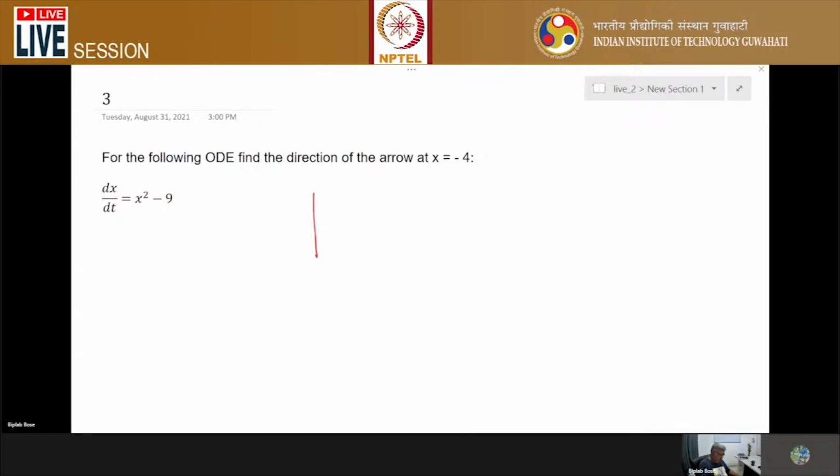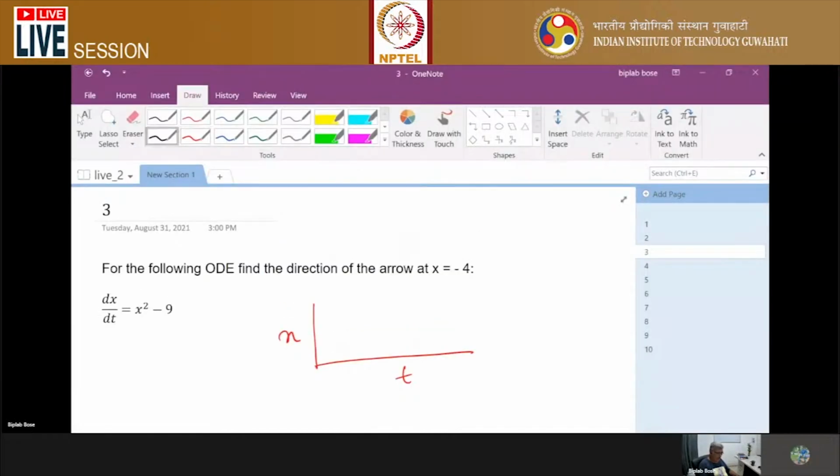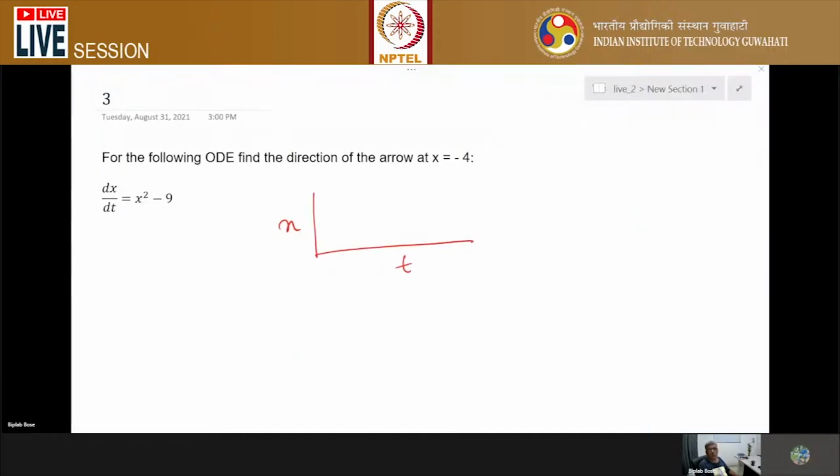So you are creating a direction field, x versus t, and I am asking you to tell me the direction of the arrow at x equal to -4. Suppose this is -4, suppose this is 0. Now you can say, okay, x equal to -4 at what t?